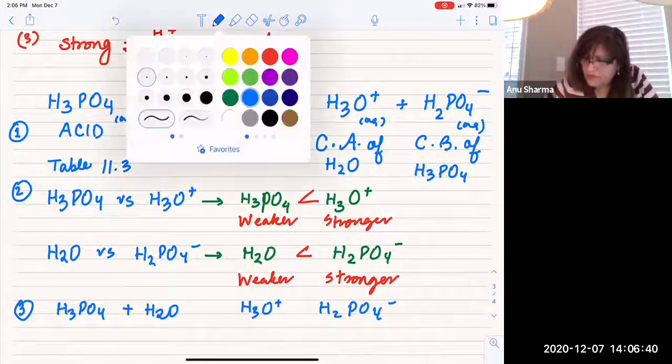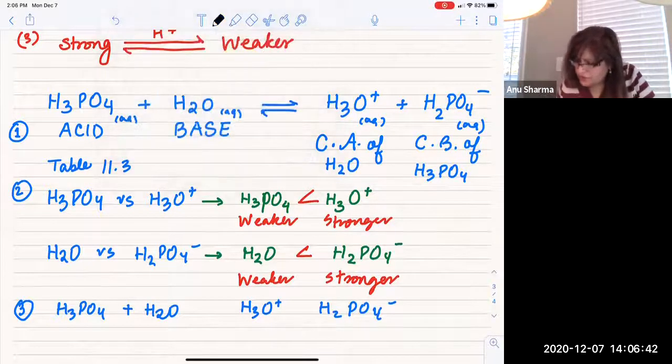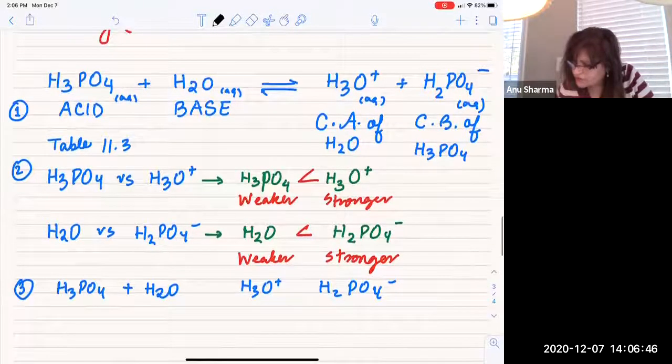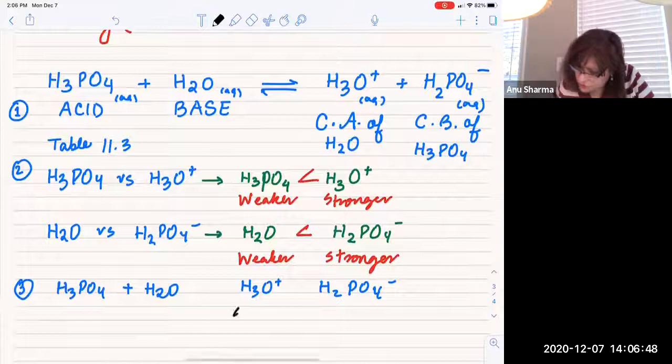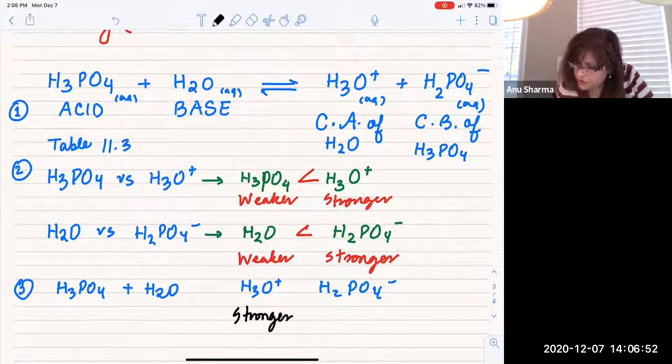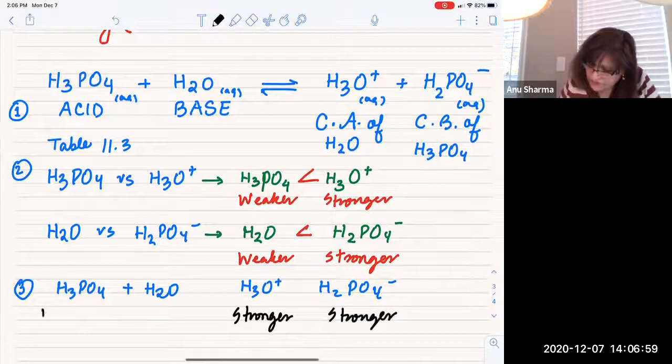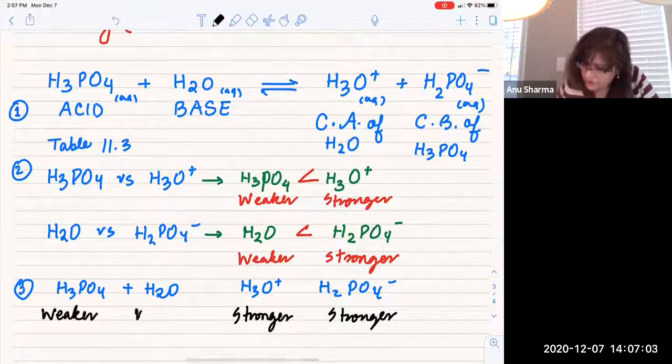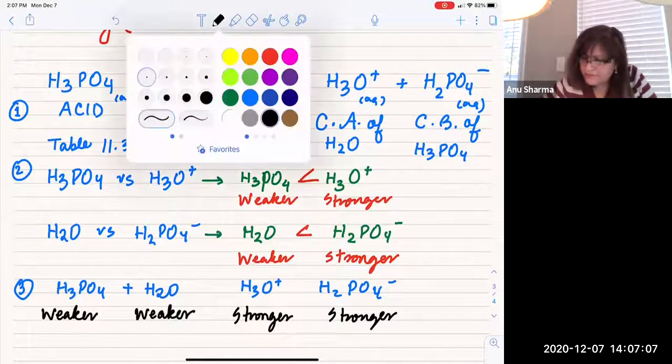Now we place which one was stronger: the hydronium ion is stronger, and H2PO4 negative is also stronger. In comparison, H3PO4 is weaker and water is also weaker. So what is the direction of the equilibrium here?